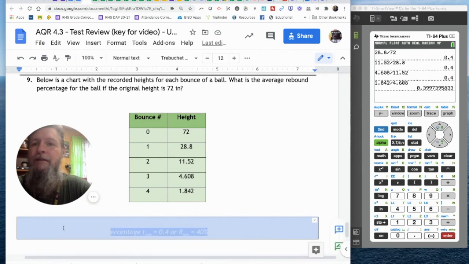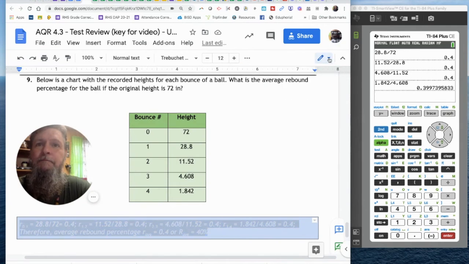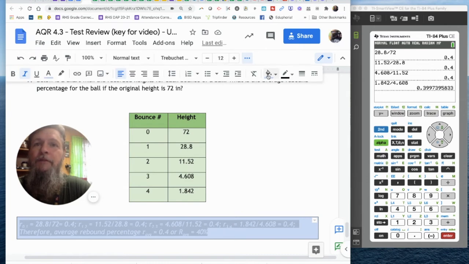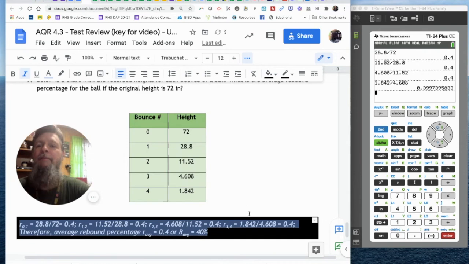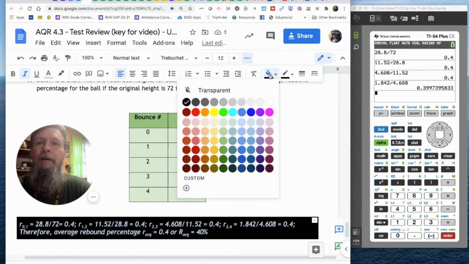And the way I've done this is I've looked at each one and I've determined, let's look at this, by finding the rebound percentage of all of them, that's not right.